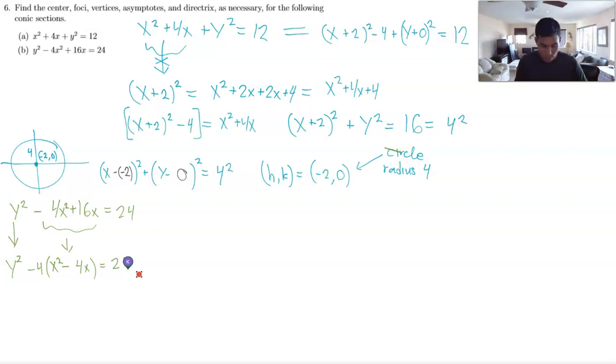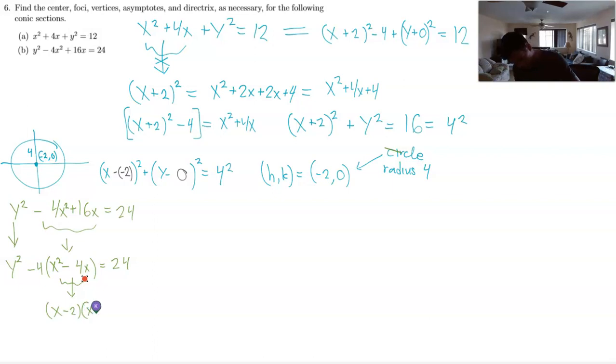Now, again, I say you just want to focus on this part, because it's going to make your life easier. So think about this combination here. So maybe x minus 2? Would that lead to something? x minus 2, x plus 2, maybe this leads to something.